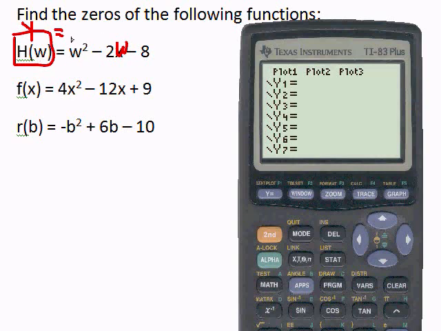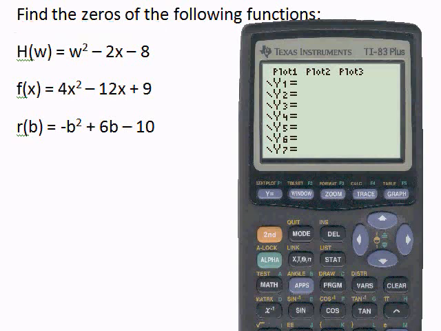Instead of calling it w, we're going to say x, because your calculator will not graph a w, it's just going to graph x. It's okay. In our final answer, we're going to write w equals instead of x equals. It's just that to get it in our calculator, we have to write x instead of w. Sort of like on the last example here, you're going to write x instead of b.